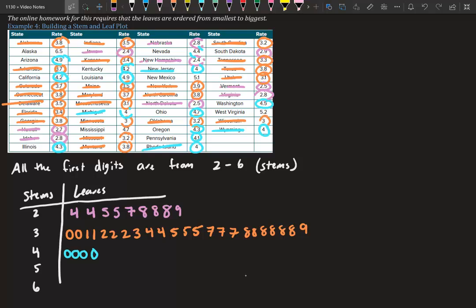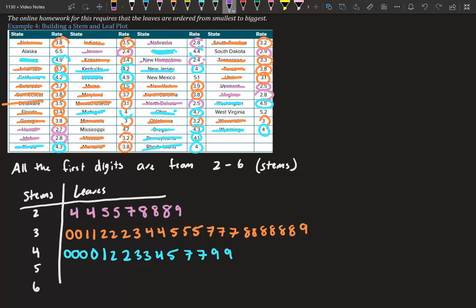We only have one 4.1. 4.2, we have two 4.2s. 4.3, we only have two 4.3s. 4.4s, we only have one 4.4. 4.5, we have one 4.5. 4.7s, we have two of them. We don't have any 4.8s. 4.9s, we have two 4.9s.